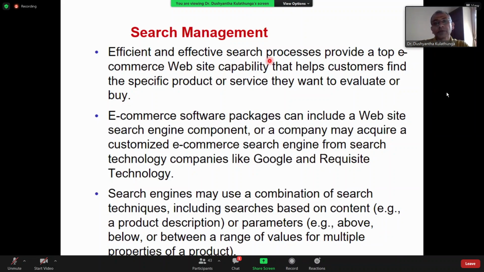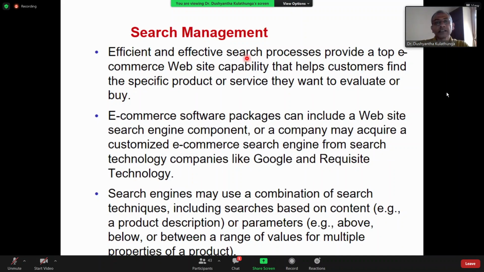So this is an important aspect that should be present in any e-commerce website. If there is a website without a searching facility, definitely customers will be in trouble finding what they want, and they may not like such sites, and they may not come back to such a website again.